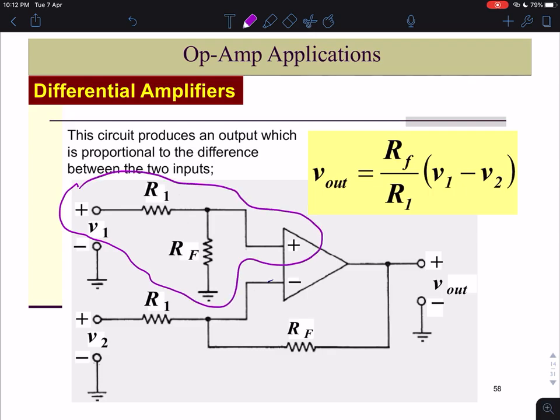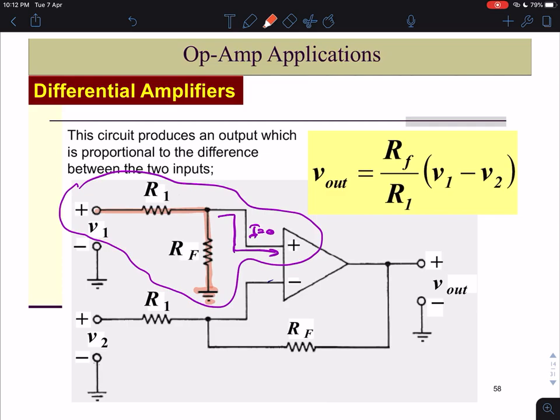Okay, so we know that the current flowing into the op-amp is equal to 0 because of the ideal op-amp. There's no current flowing into the op-amp, so what's left is the voltage V1 passing through R1, then going to RF, and finally to the ground.